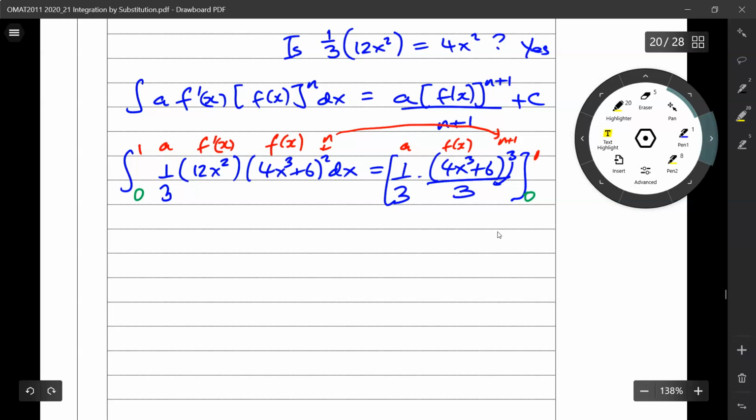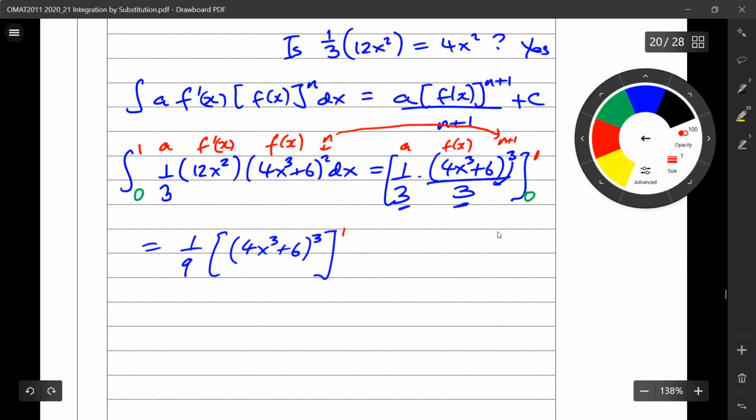So if I once again take the constants out, we have a 3 here and a 3 here, so if I take that out, that's 1/9. And then I have 4x cubed plus 6, all cubed, going from 1 to 0.